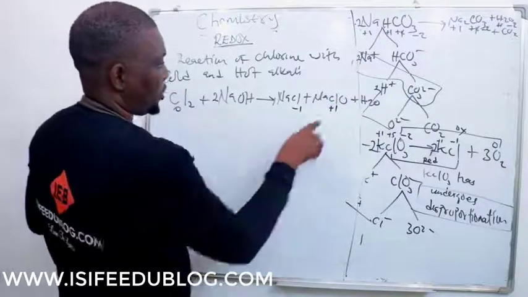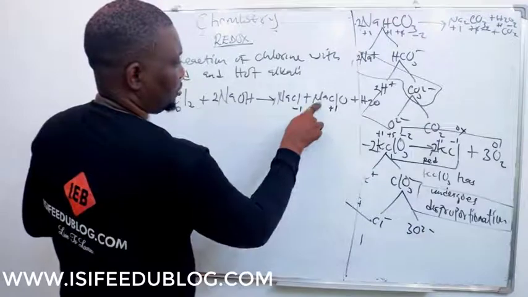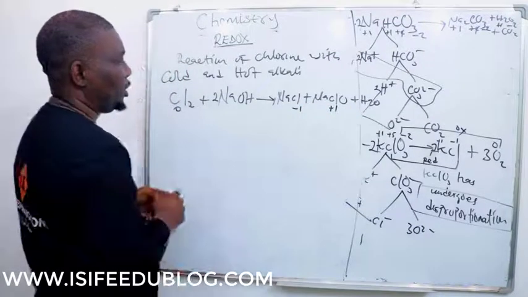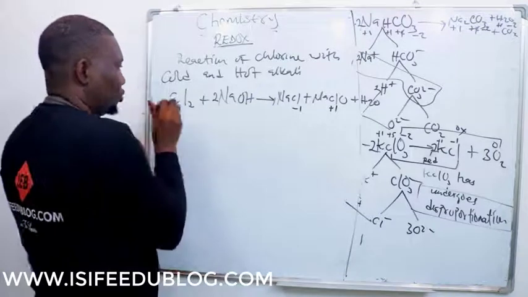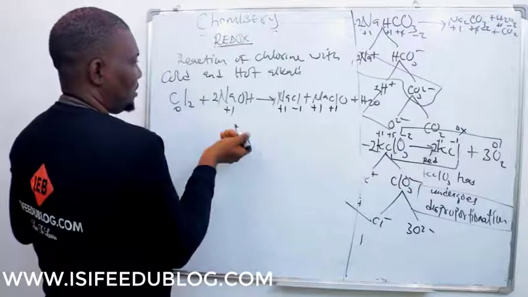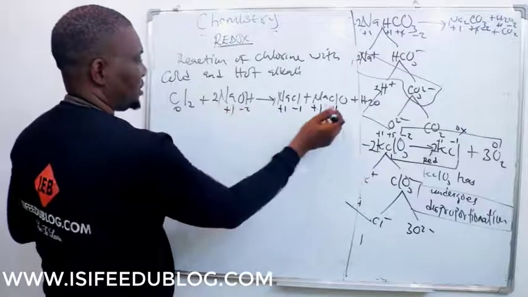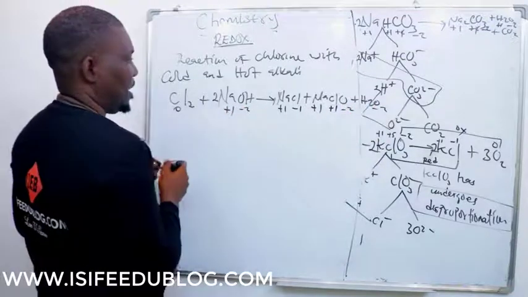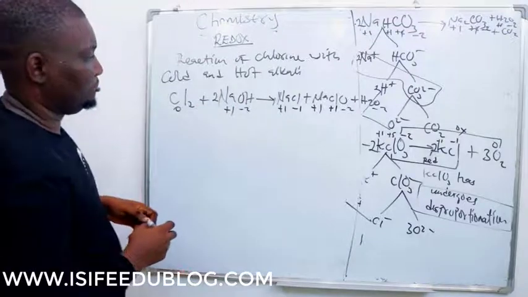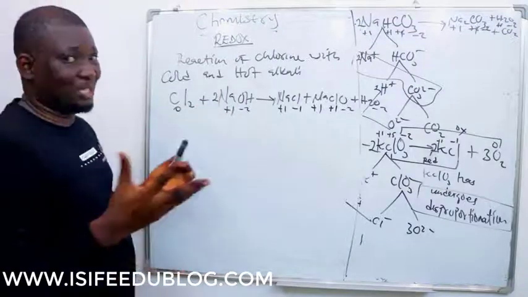Why +1? Because already this one is -2. This one must give you +1, so that with the -2 everything here will be 0. So you now see that in this reaction, only chlorine changes. Sodium actually is not doing much in the reaction, it's still +1. Oxygen is not doing much, it is -2 on both sides. So in this reaction, they are just spectators, they are not participating in the reaction.